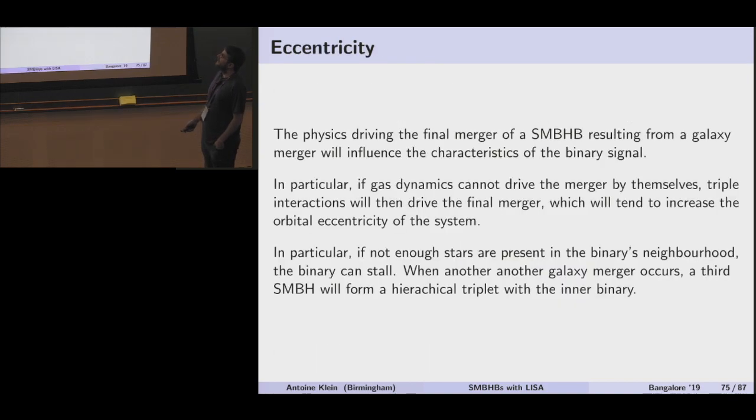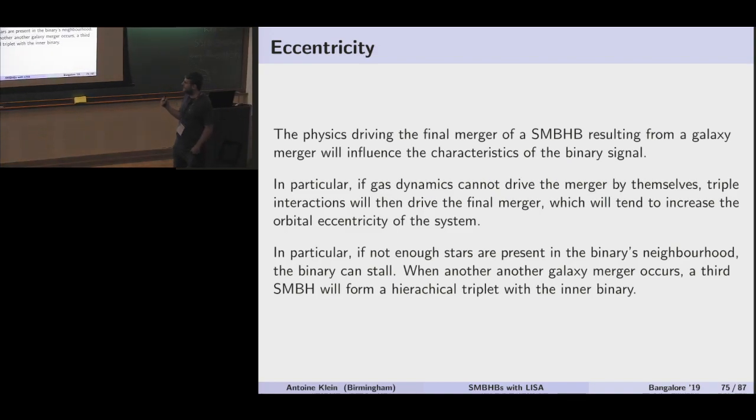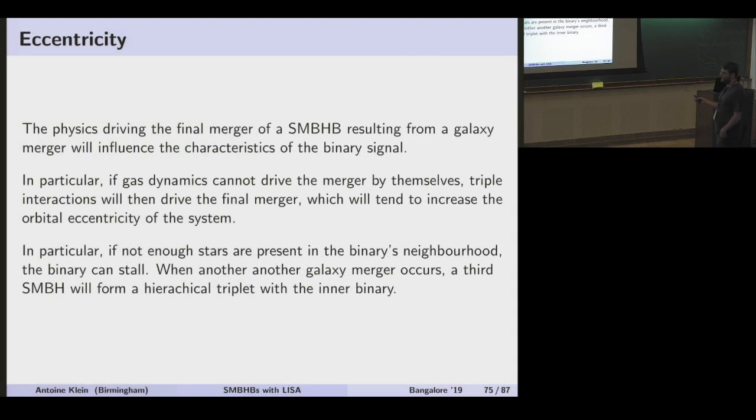All right. So another interesting effect is the effect of the eccentricity. So do we expect supermassive black hole binaries to be eccentric, or significantly eccentric? There are a few mechanisms to increase your orbital eccentricity.